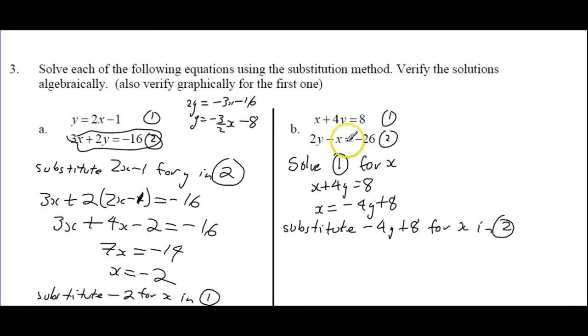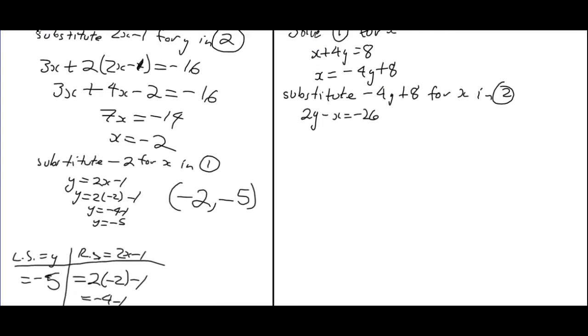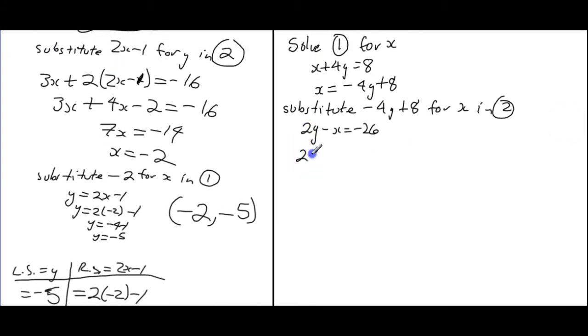So wherever I see an x, so here's equation 2, 2y minus x is negative 26. So 2y minus, now since this is an expression, I'm going to put it in brackets. Negative 4y plus 8 is equal to negative 26.